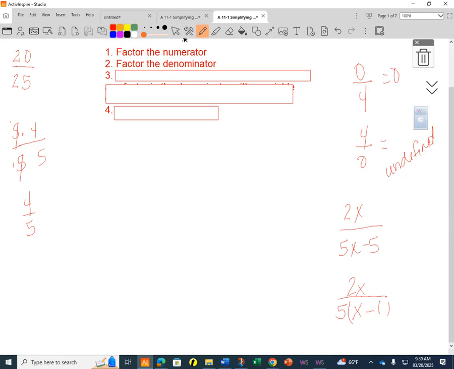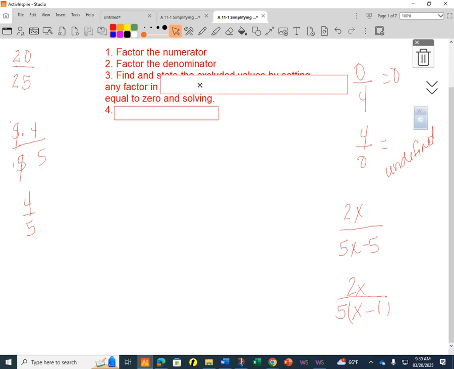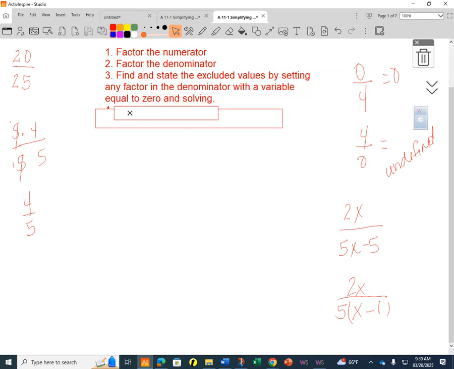So what we're going to do, you guys have this written down somewhere? Okay. We're going to find and state, so we're going to do a little bit of work after we factor, find and state the excluded values by setting any factor in the denominator with the variable equal to 0 and solving.